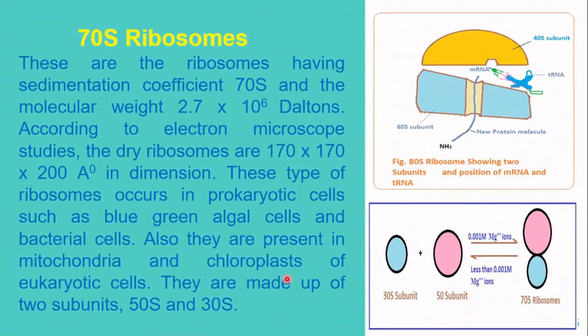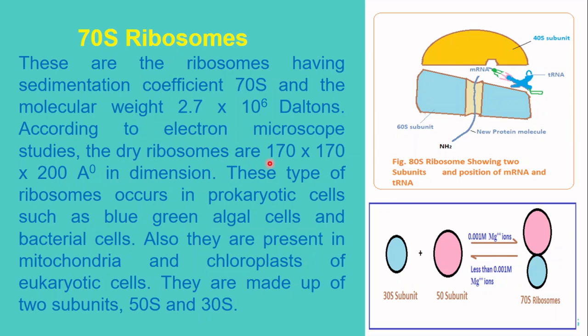Now first of all we will see what the 70S ribosomes are. These are also known as prokaryotic ribosomes. They have sedimentation coefficient 70S and the molecular weight is 2.7 into 10 raised to 6 Daltons. According to electron microscope studies, they are dry ribosomes.